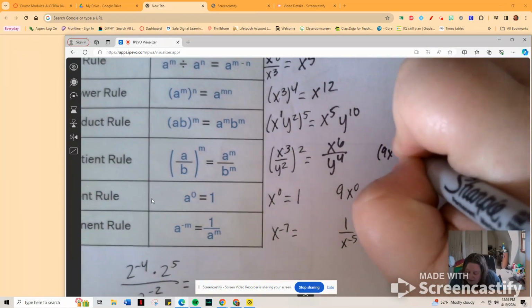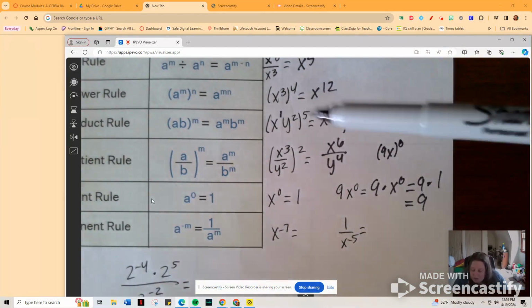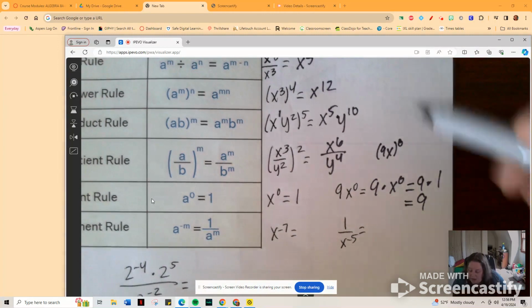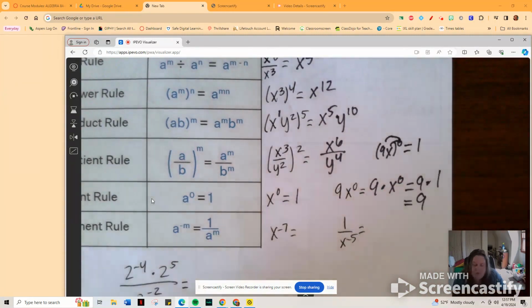If I had both 9 and x inside parentheses raised to the power of 0, just like we saw in this example, I'd be applying the 0 to the 9 and to the x, so that would give me an answer of 1. So parentheses are really important when we are working with these problems, so pay attention when you are simplifying these examples.